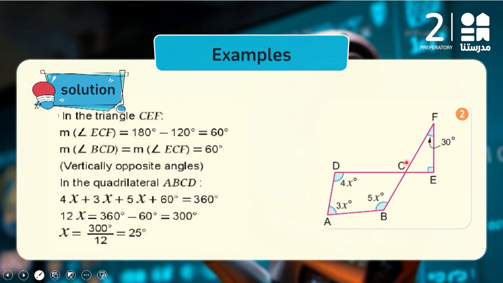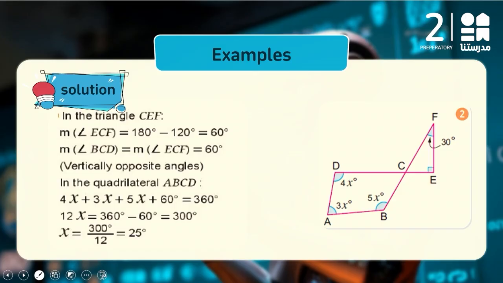We know that the sum of interior angles of a triangle equals 180 degrees. We have the measure of angle F equal to 30 degrees, and E is a right angle, so its measure is 90. The sum of angle E and angle F is 30 plus 90 equals 120 degrees.